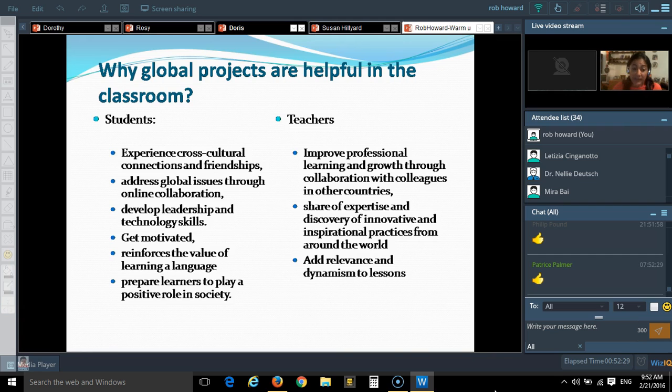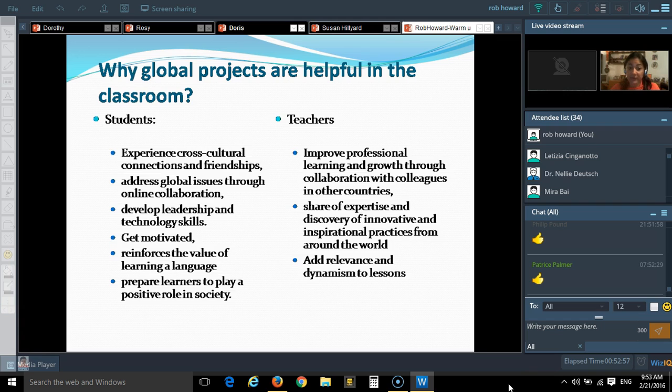They address global issues. In the EFL class, most of the students are used to just talk about the food that they eat, where are they from, but if they are from the same city, the same place, that's not interesting at all. So working on global projects is much more interesting, and they get motivated and also develop leadership skills, and they use technology.